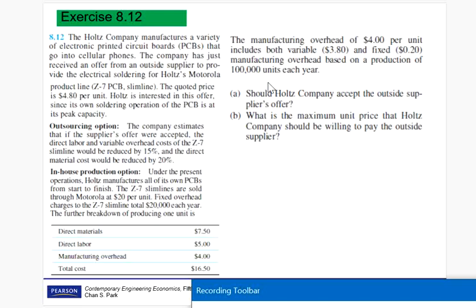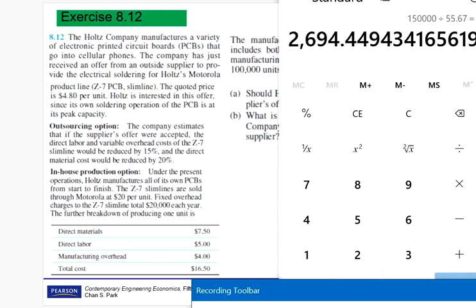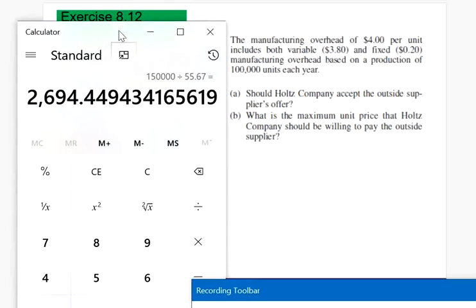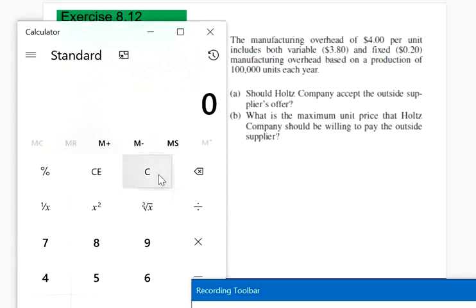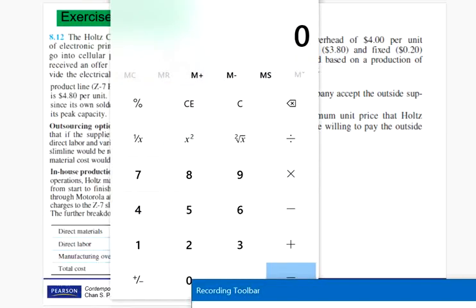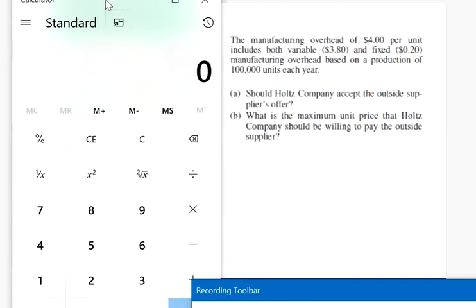At this unit of production, if I have to calculate my fixed cost, just for your information, what is the fixed manufacturing overhead and what is the variable manufacturing overhead? Variable manufacturing overhead is 3.80 multiplied by 100,000 units, which is $380,000 of variable cost.